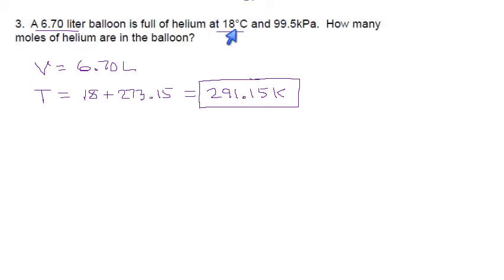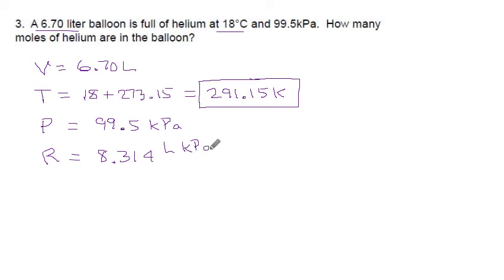This is what they call a relative temperature. This is an absolute temperature, Kelvin. That's what we must use. Pressure, they give kilopascals, which is fine. 99.5 kPa. And one last time, the ideal gas constant is 8.314 liter kilopascals per mole Kelvin.